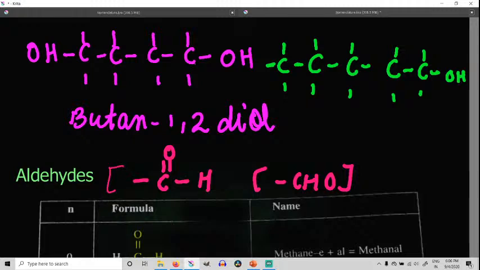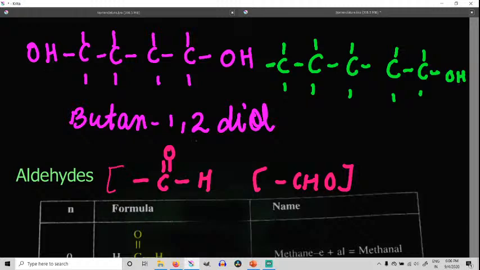There are 4 carbon atoms. But you can see there are 2 OHs attached. It is not actually butan-1-ol, it is butane 1, 4 diol. It's not 2 actually. The OH is attached on the 4th carbon atom.